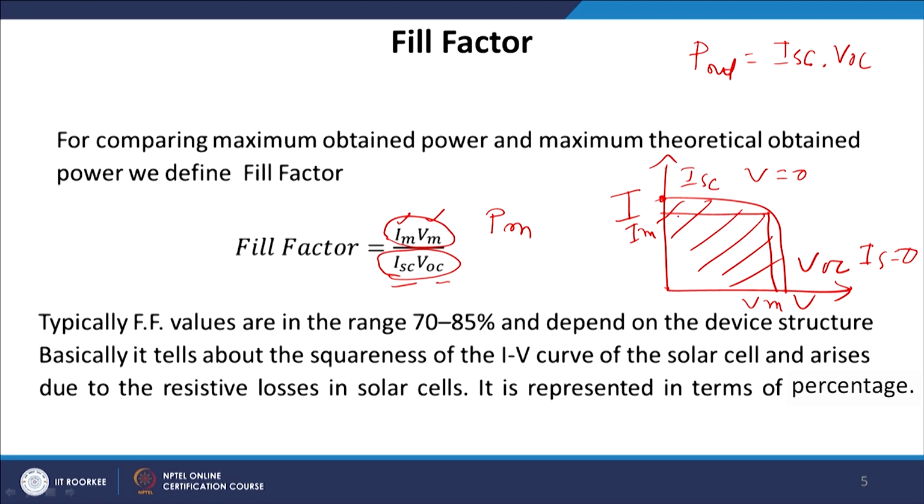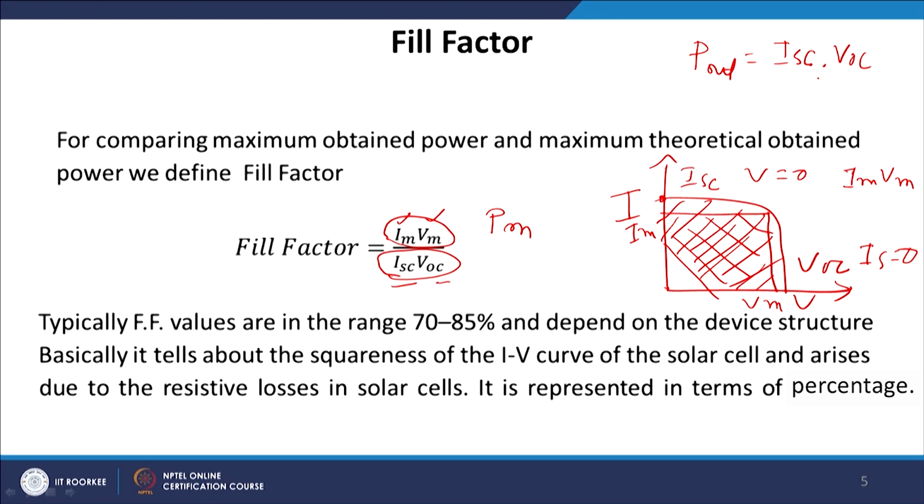That is the area under this perfect square. What will be the maximum power in that case? That will be Im times Vm, but we do not get Im times Vm because of the series resistance and the shunt resistance. We get a deviation from the maximum power output. What we really get is ISC times VOC.